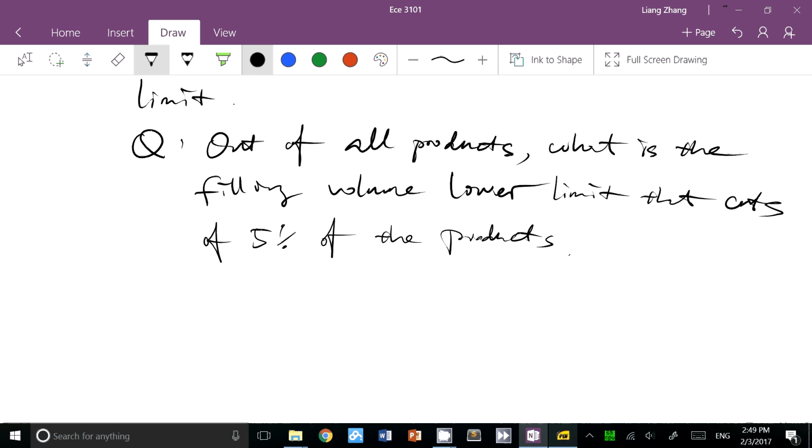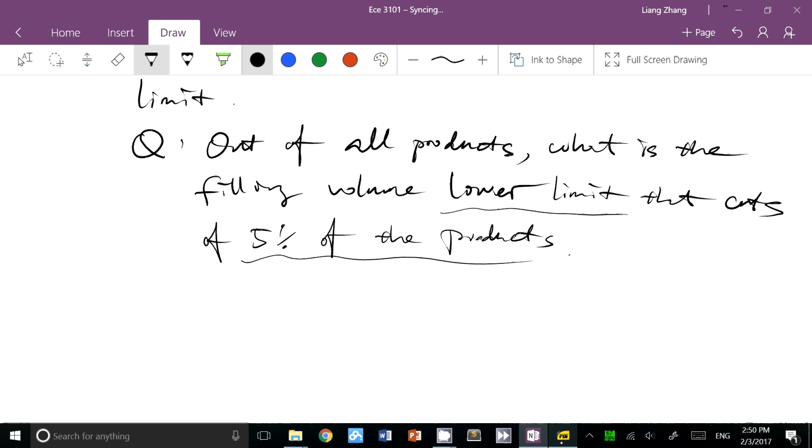In other words, 95% of the products will be able to meet this lower limit, and the other 5% has to be refilled or repaired or re-examined. So this is the setup. Now we don't know this limit. This is what we're trying to find out.